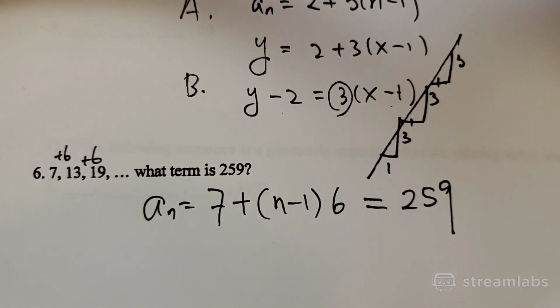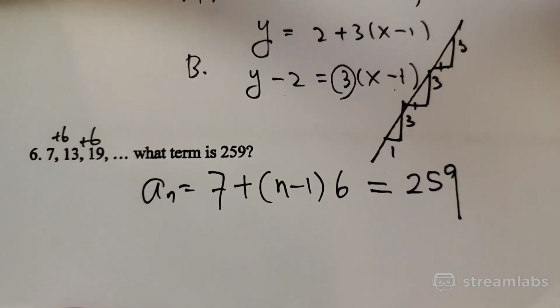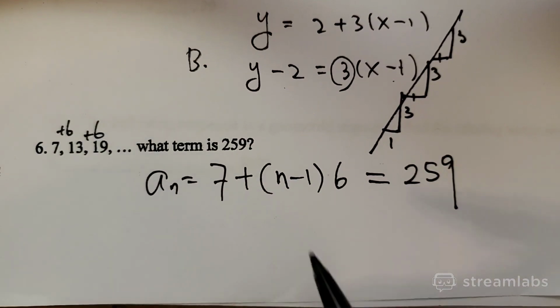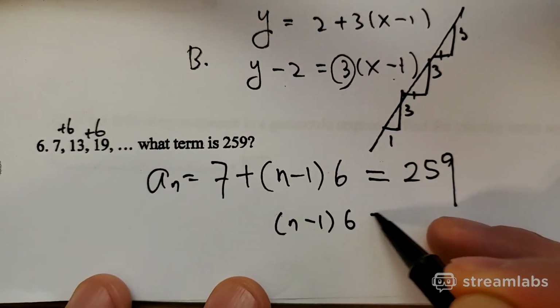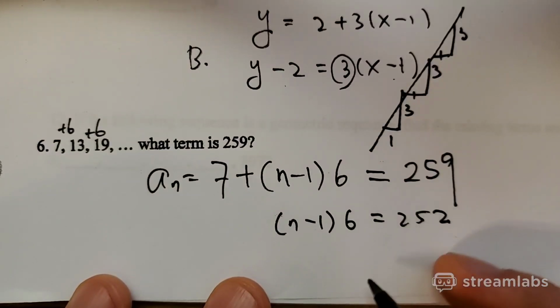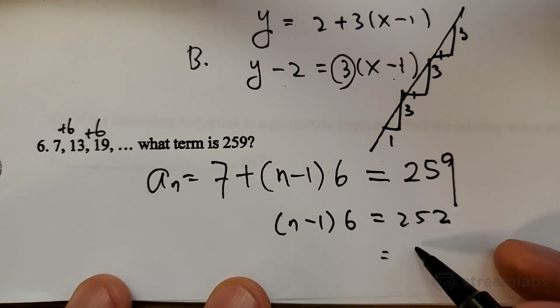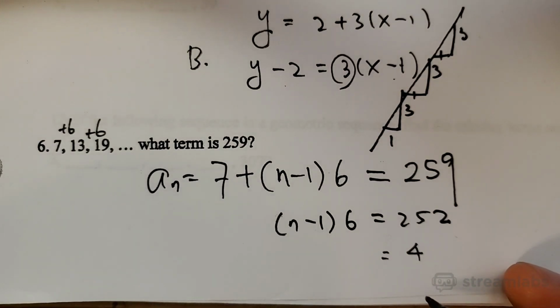All right. So if that is the case, then let us take a look at solving, right? So n minus 1 times 6 is 252. Divide by 6, I'll get 42.